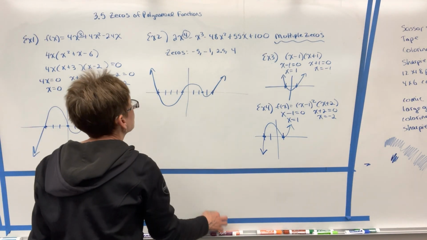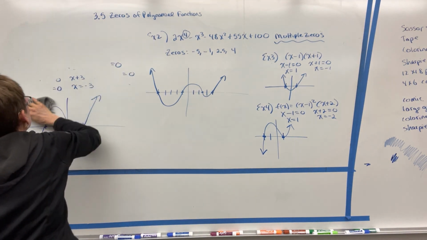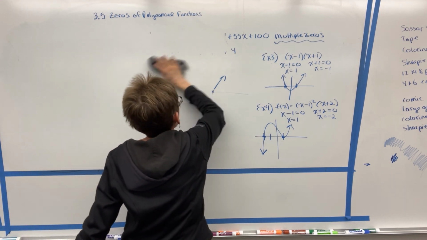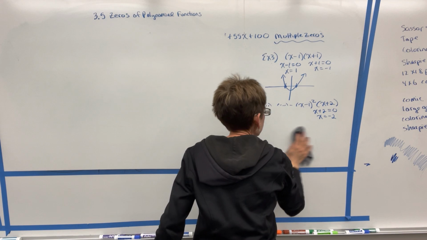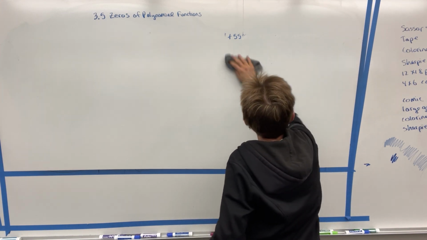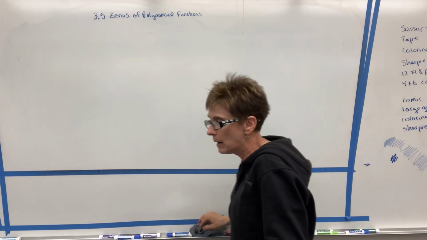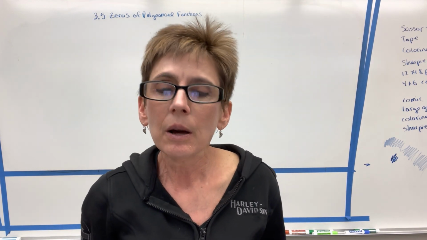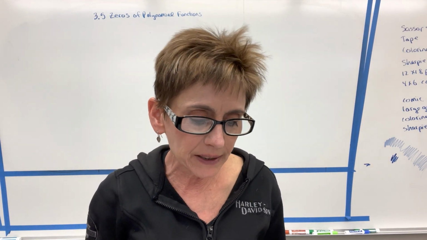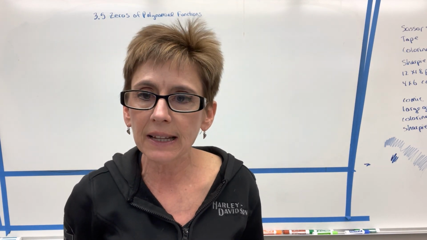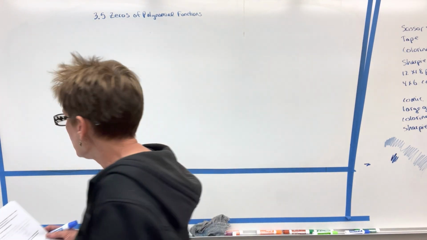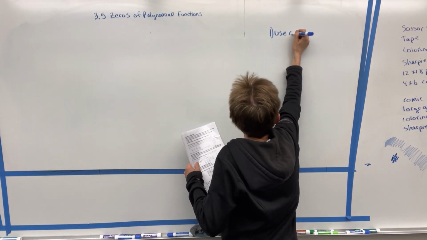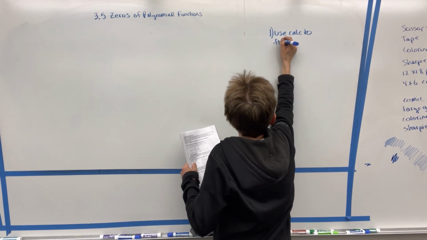All right, so let's talk about some steps of finding zeros. Obviously, we can use our calculator, especially when it comes to finding real zeros. However, it can be a little more complicated when we're finding what's called a complex zero, because that does not show up on a graph. Real zeros show up on a graph as your x-intercepts, but an imaginary or complex zero will not show up as touching or crossing the x-axis. So we're going to be using 3 steps. The first one is to use our calculator to find a real zero.